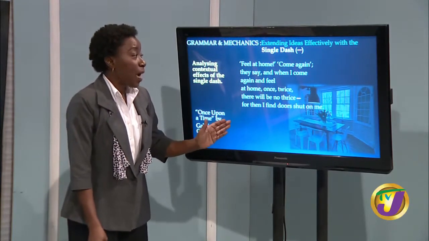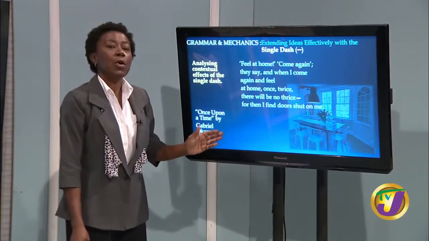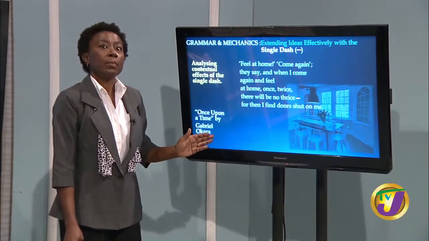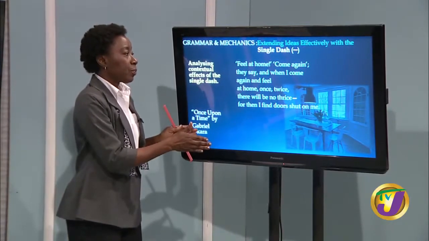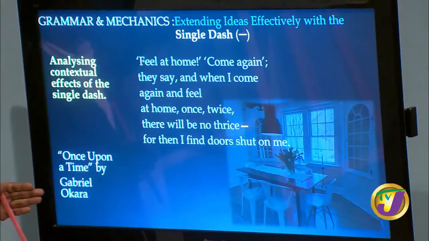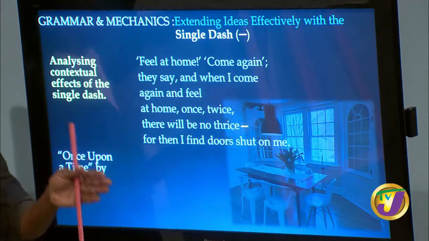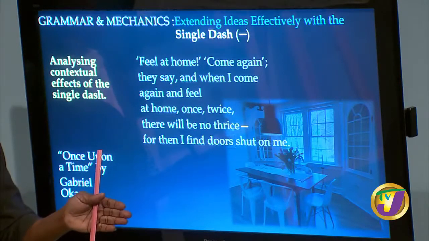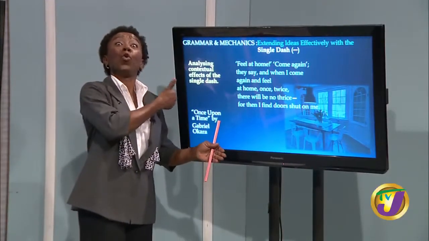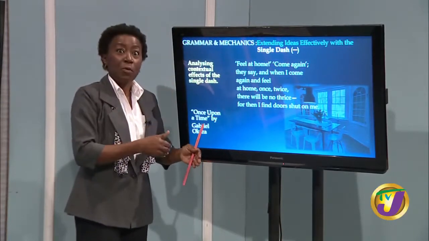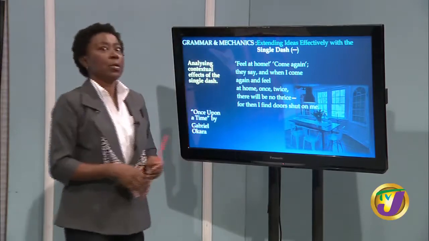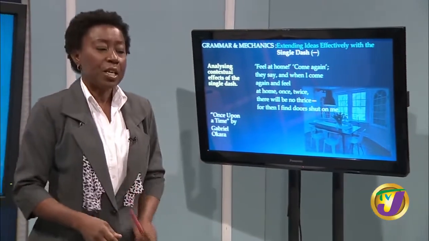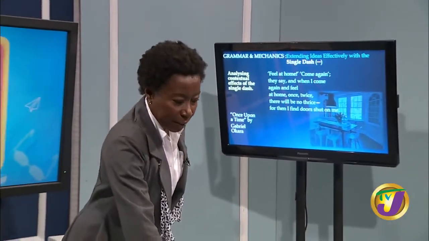For then I find the door shut on me. You're no longer welcome. So you are using the dash right here, and a contrasting thought, something new to think about the foregoing thought. Okay? Remember the one we did about the foregoing afterthought? Okay then. So very important. The dash is very significant in that.